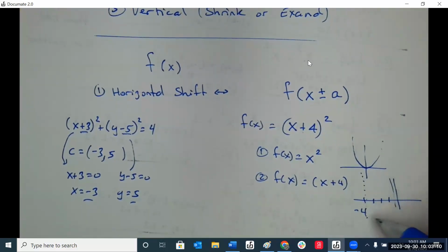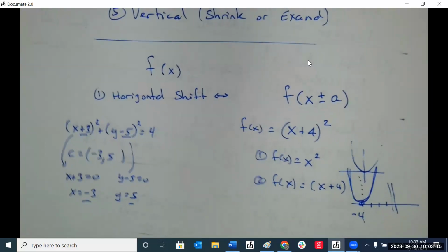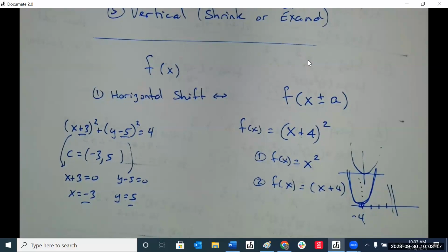Basically, what that means is there's my new origin. That's my new origin. When you do transformations, you're shifting the origin from the center to some other new place.